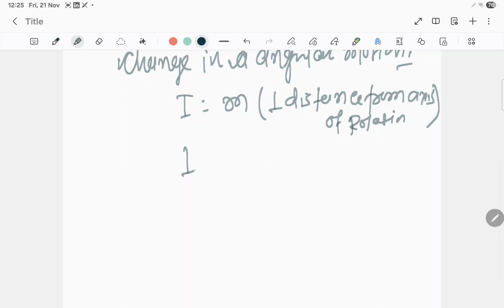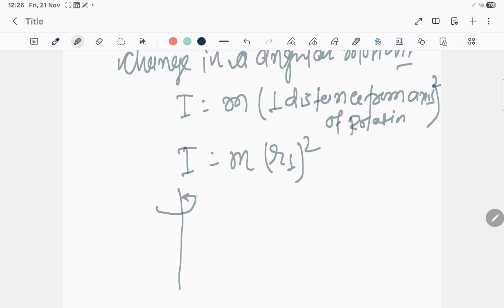This is the mathematical representation of moment of inertia. So when we write I equals m into r perpendicular, what does this formula want to say? Just let me explain. Suppose this is an axis of rotation.